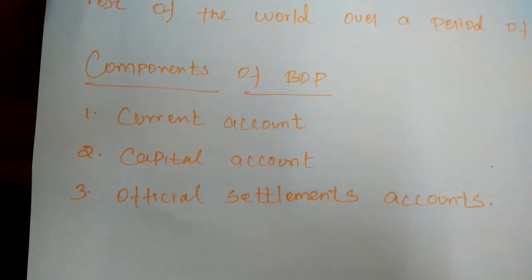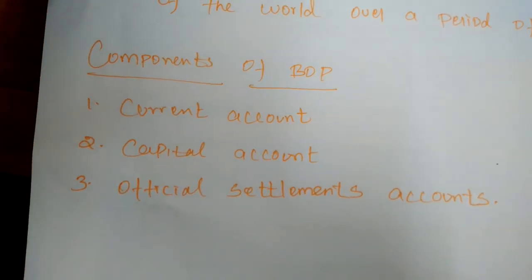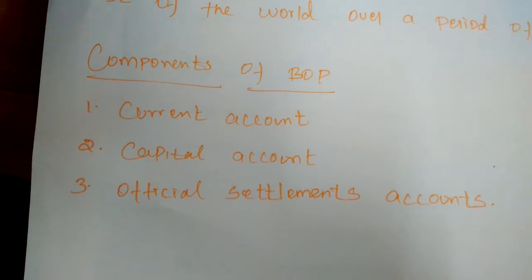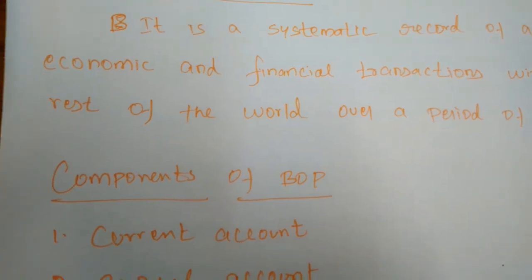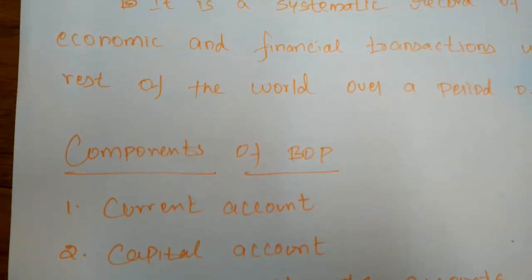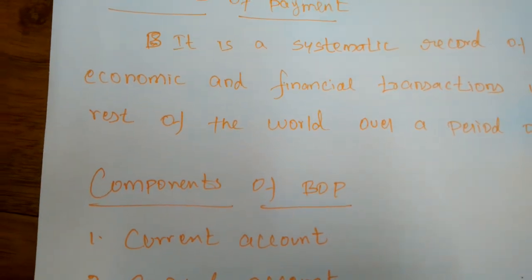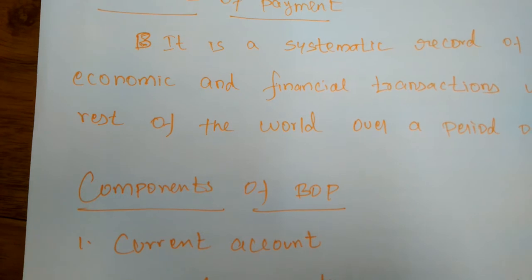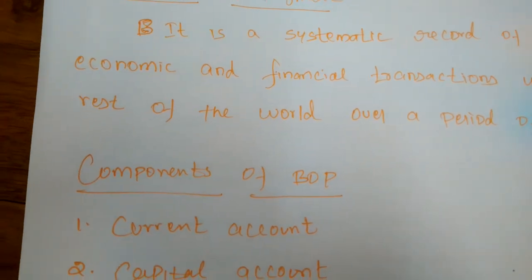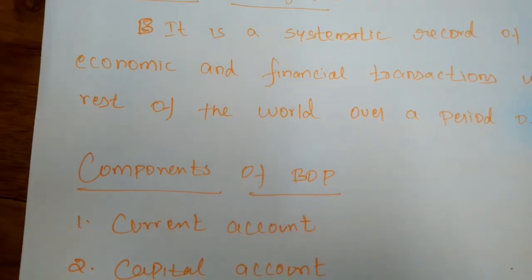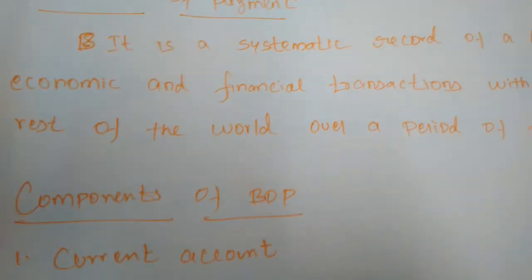The principal items shown on the credit side are exports of goods and services, transfer receipts in the form of goods, etc. The principal items on the debit side include imports of goods and services, transfer payments to foreigners, lending to foreign countries, investment by residents in foreign countries, and official purchase of reserve assets or gold from foreign countries and international agencies.